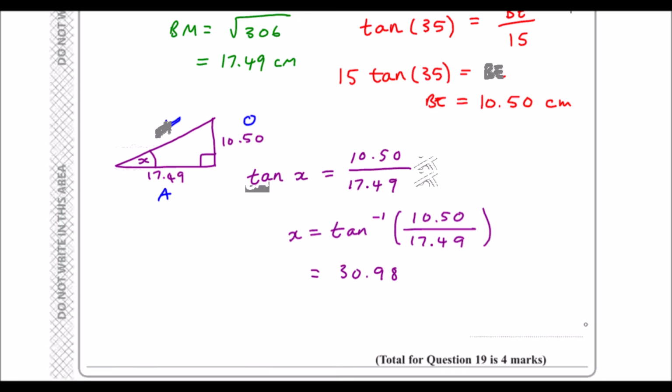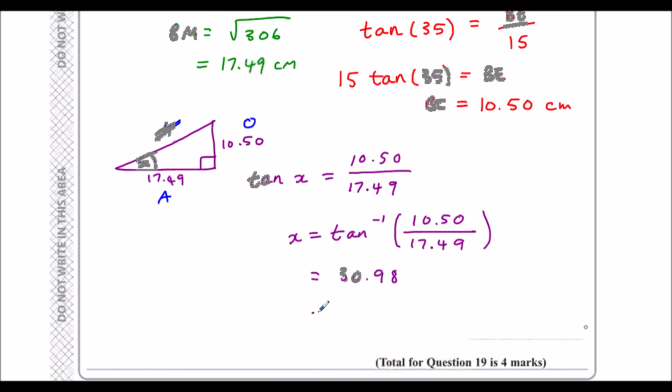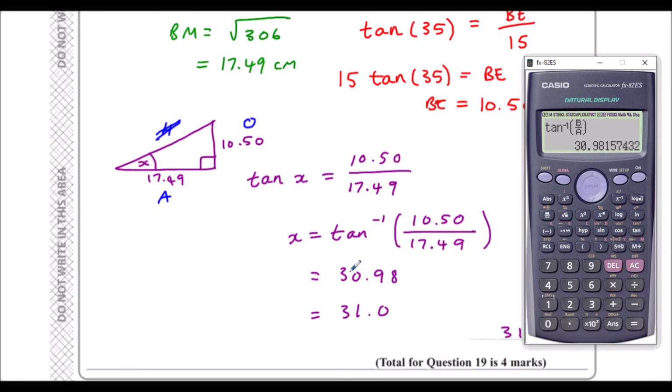And it said 1 decimal place, so that's 31.0. And just to check that I've used the right stored numbers, I'll have a go with the numbers I've written down. And again, that will give us 31.0.